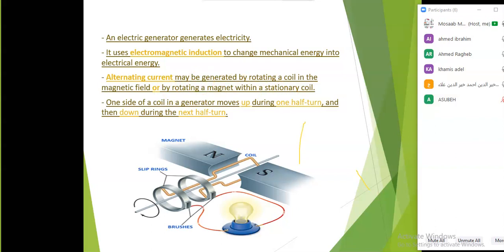Which type of current? An AC current. Like one side of a coil of a generator moves up during one half turn, and down during the next half turn.